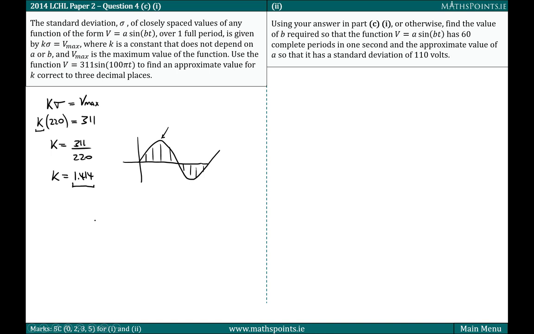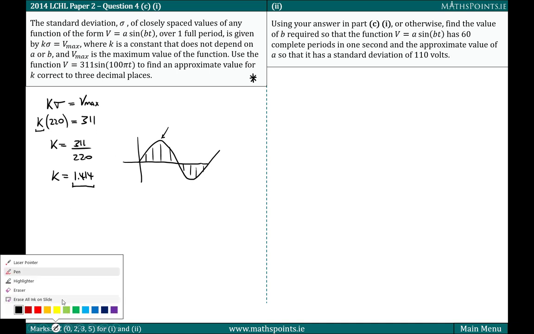It's a result that's true for all sine functions, not something that a maths teacher would be expected to know, not something certainly a student would be expected to know, but it's this process of the examiner teaching you something through assessment. And there's a constant, 1.414, and it is always that number that when you multiply it by the standard deviation, you will get the maximum voltage of that particular function.